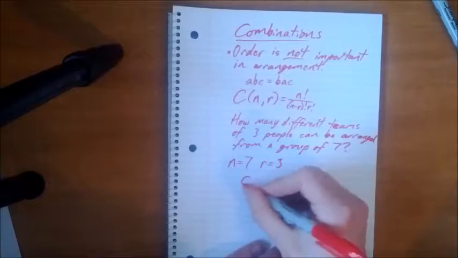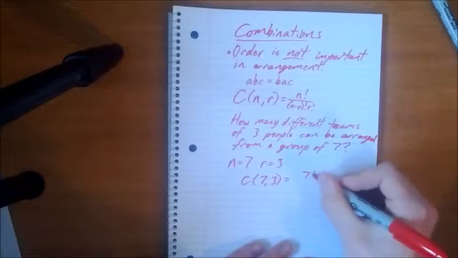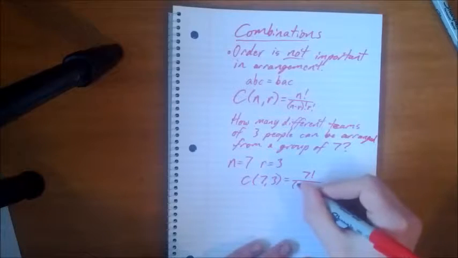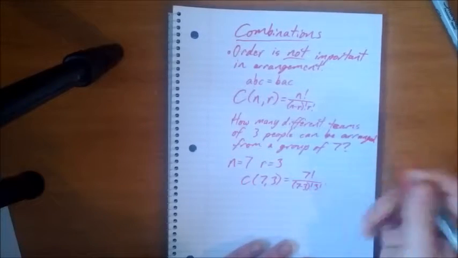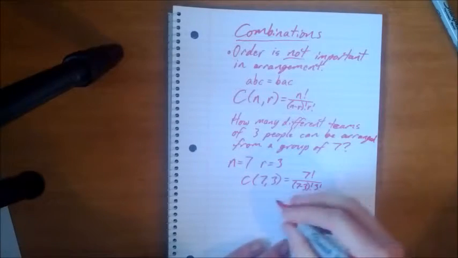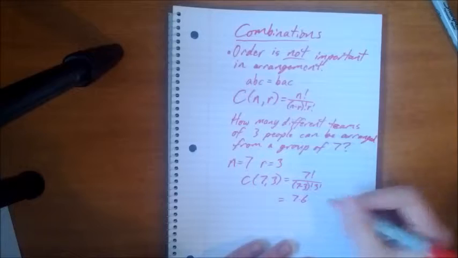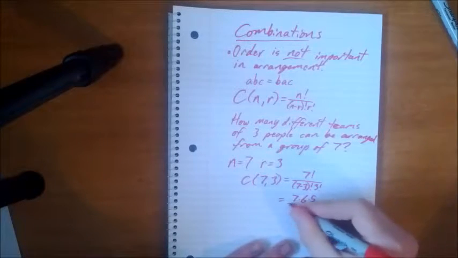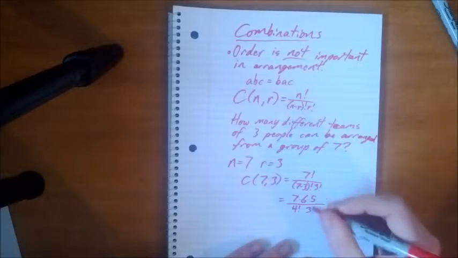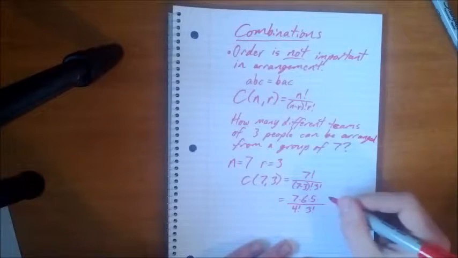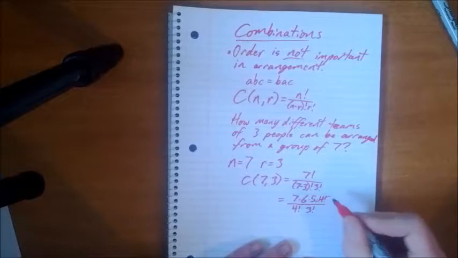So we can take this and fill it out. C of 7, 3 equals 7 factorial over 7 minus 3 factorial times 3 factorial. And this is fun. You can do a lot of math footwork to get a simplified answer. Let's look at the bottom first. 7 minus 3 is 4 factorial, and 3 factorial. We can go down 7, 6, 5, to the biggest number on the bottom, and then you can cancel those.